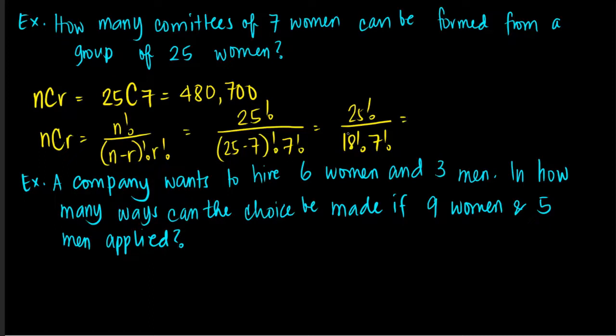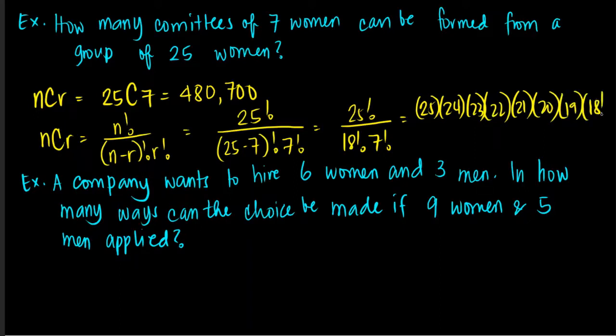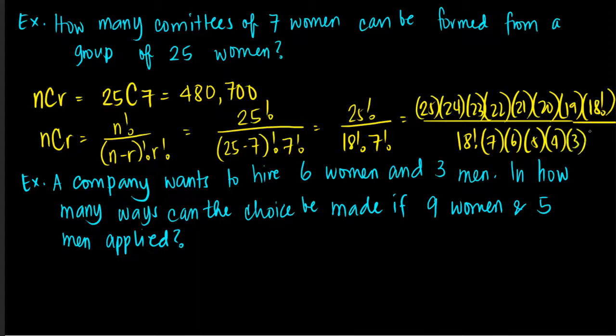Remember, pick the bigger number in your denominator. So, you have 25, 24, 23, 22, 21, 20, 19, and then 18 factorial, over 18 factorial times 7, 6, 5, 4, 3, 2, and 1.